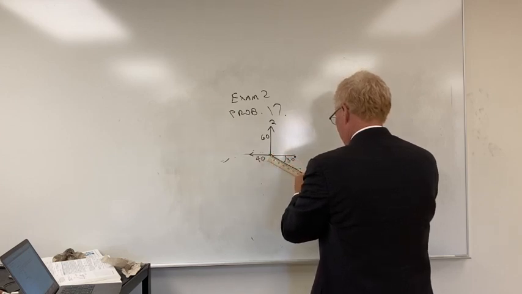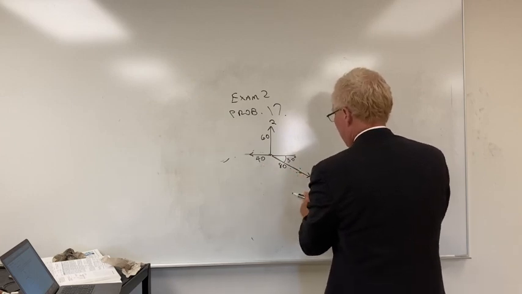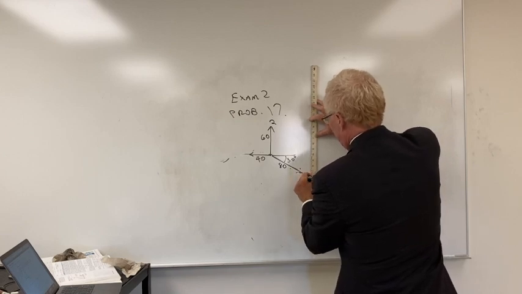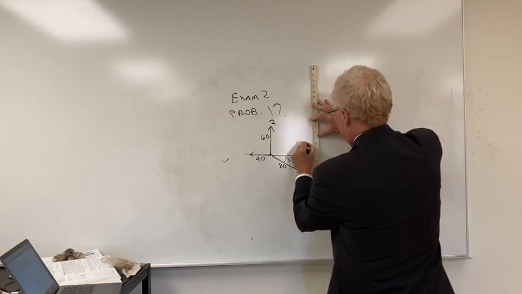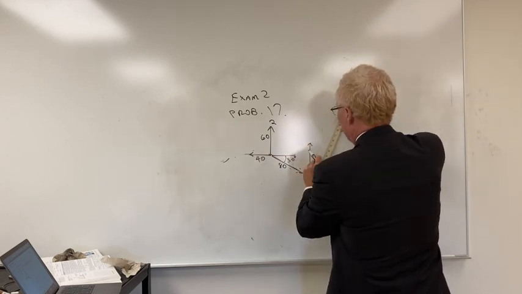All right, 30 degrees. And then I'll take 2, it's vertical, that would be 6. Then this is 4.